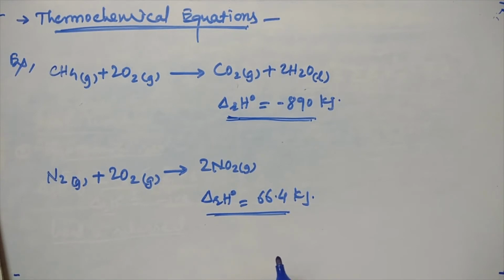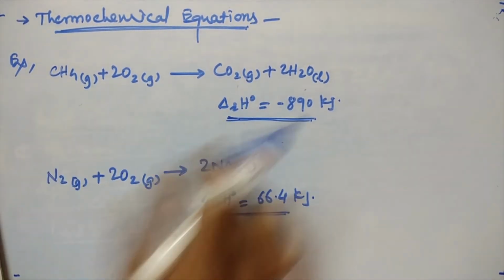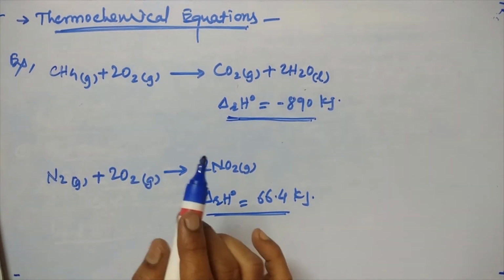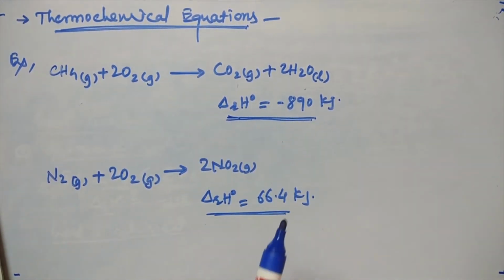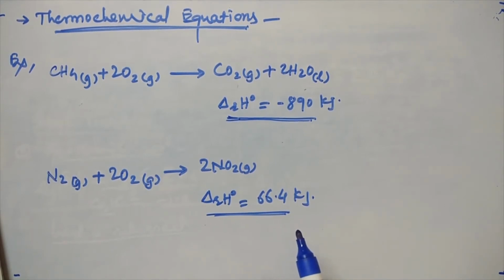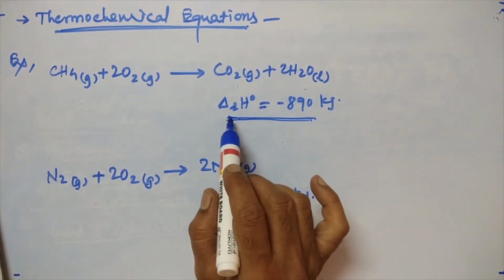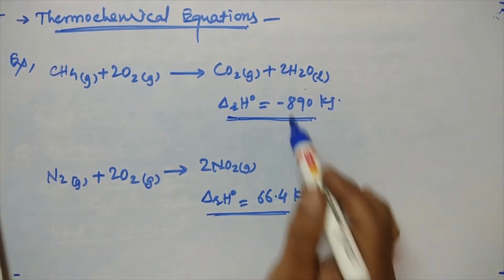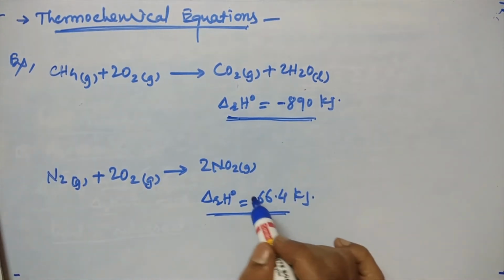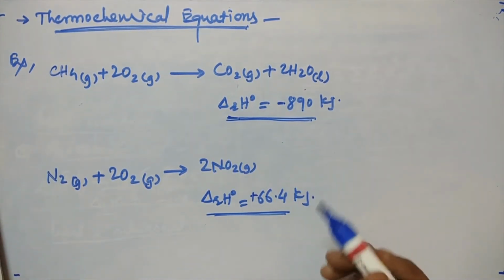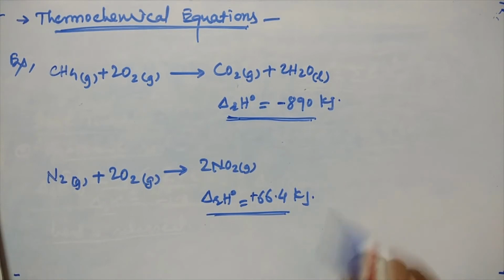Now what are the guidelines to write the thermochemical equations? First of all, write the balanced chemical equations with the proper coefficients, and then the value and the sign of the enthalpy change is given on the right hand side as the notation ΔrH°, and the sign may be positive or negative, as per the heat, whether it is released or added.